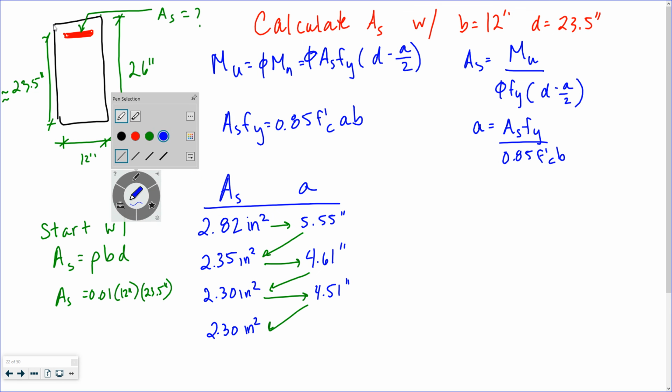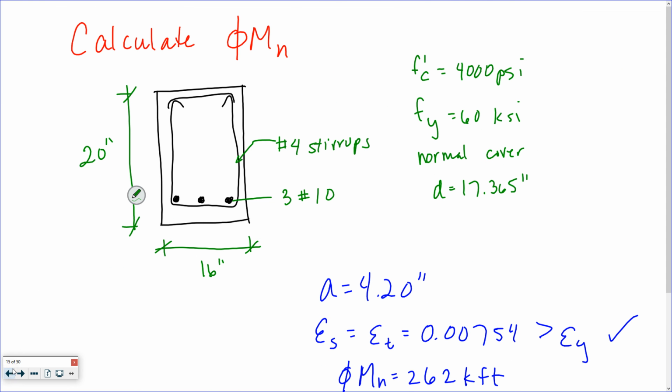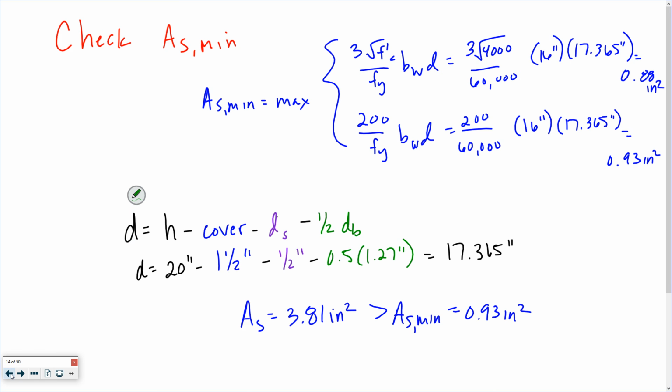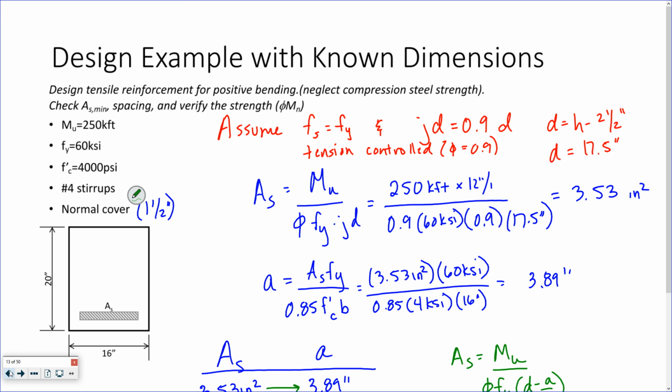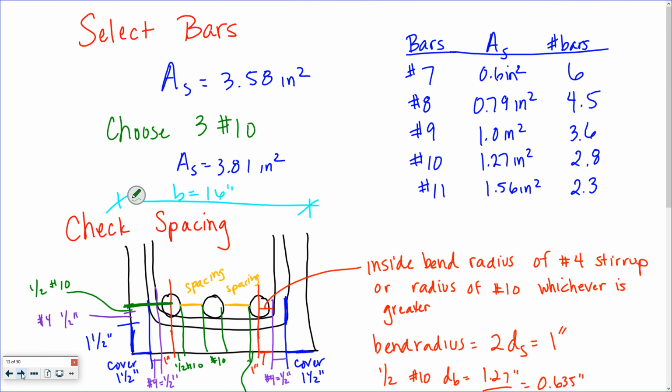Now, if you had used the other method, where I started with estimating JD instead of estimating rho.